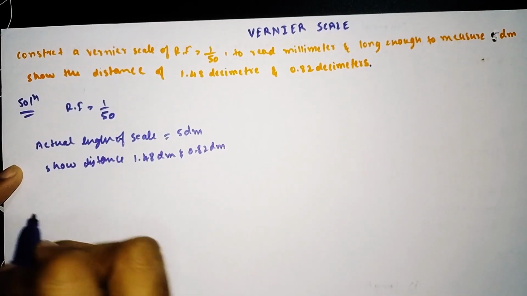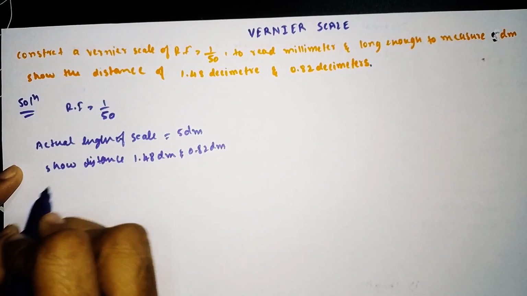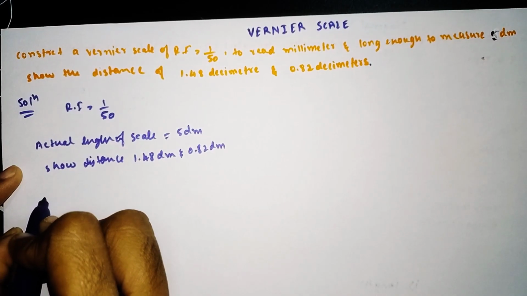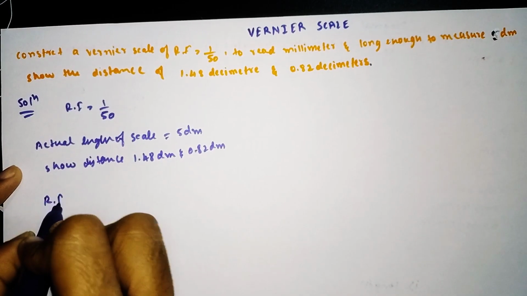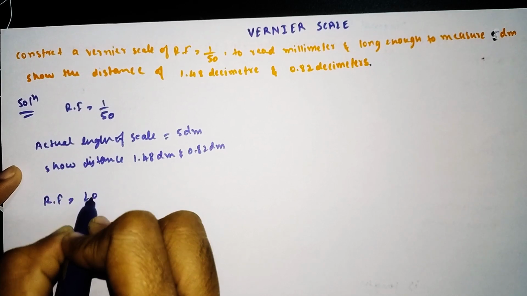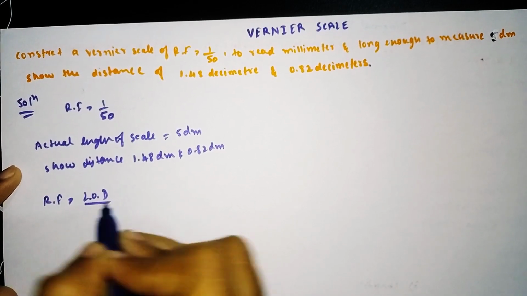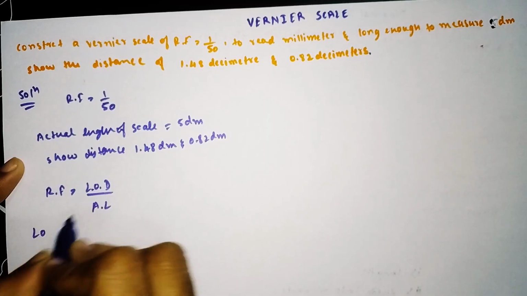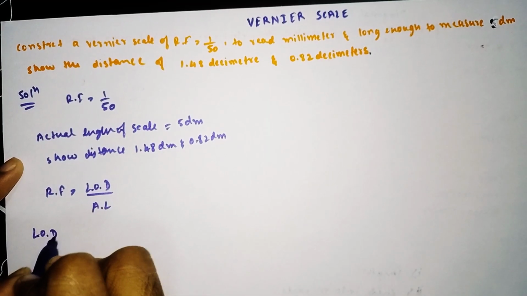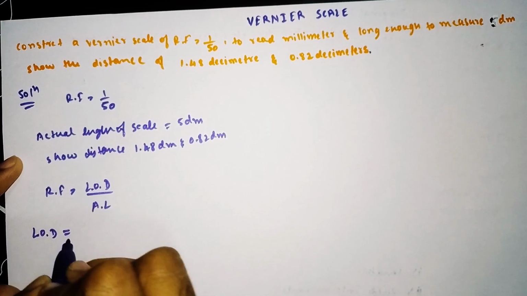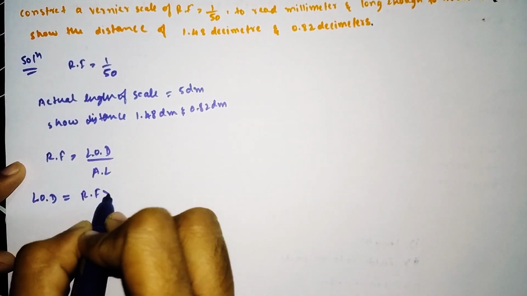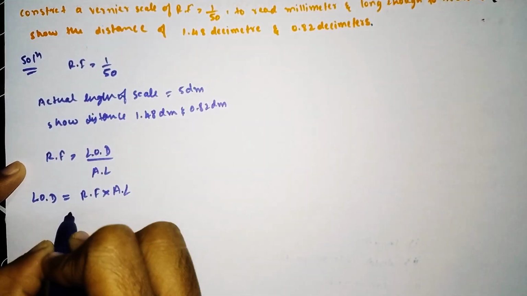So now we need to find the length of the scale. We have the formula RF is equal to length of drawing or scale divided by our actual length. So to find the length of the diagram or length of scale, whatever you can call, we have the formula RF into actual length.